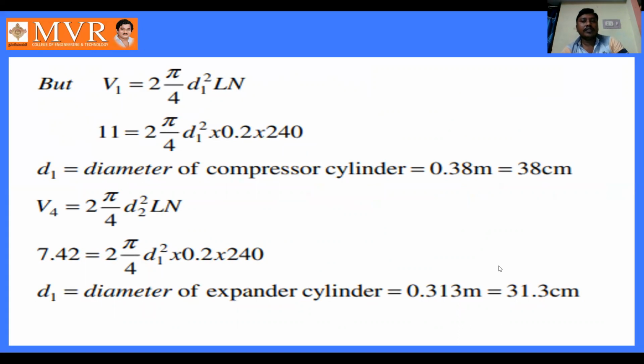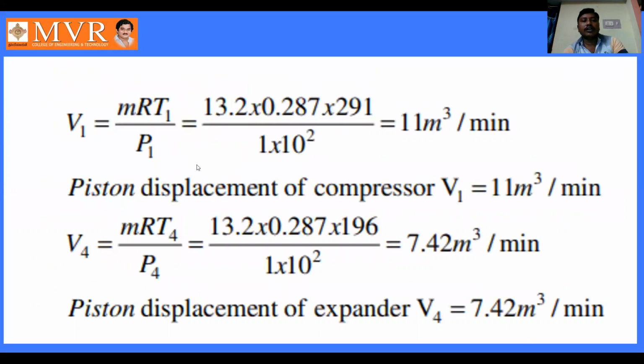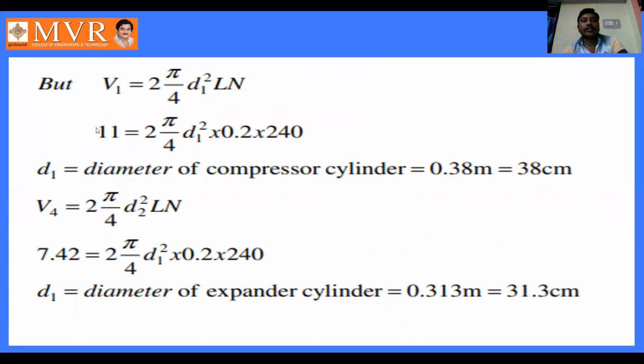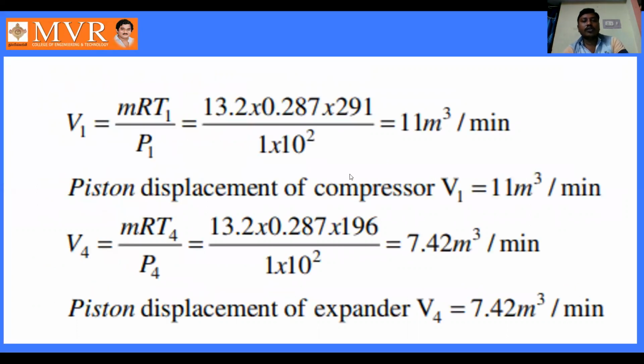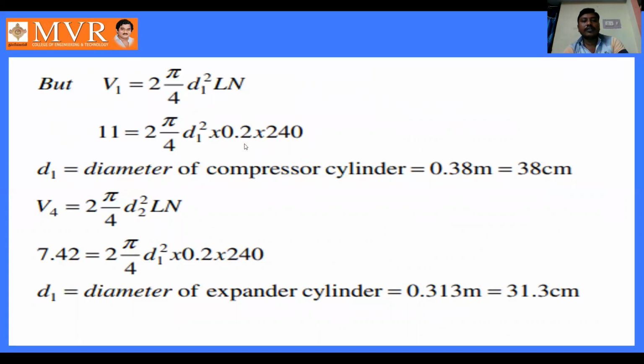See, but we know the piston displacement actual formula that V1 is equal to 2 into pi by 4 into D1 square L into N. Hence we are substituting the volume V1 is equal to 11 meter cube, 2 into pi by 4 into D1 square into L, length of the stroke, already given in the problem.